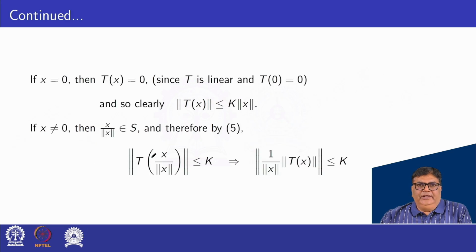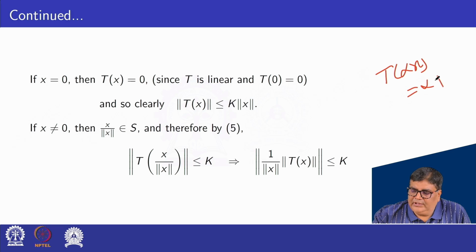So norm T of x upon norm x is less than or equal to k. Since T is linear and 1 upon norm x is a scalar, we can take it out of Tx because we know that T of alpha x equals alpha Tx for scalar alpha. So we can write 1 upon norm x times Tx.